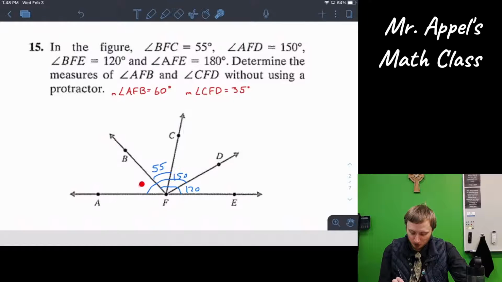We know that because all the way around is 180, and this piece is 120. So 120 plus 60 to make the full 180 band there. And then similarly, CFD, to find this gap, take the 150 here and subtract off the 55 and the 60 that we just found to leave just this piece.